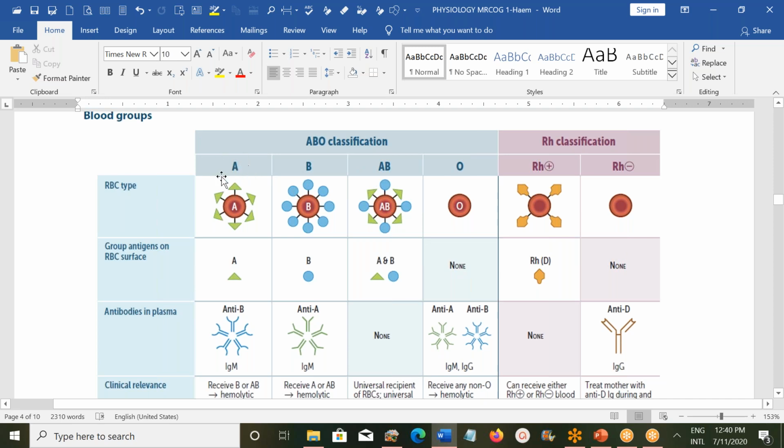So there are no antigens on O, while B is responsible for attaching D-galactose, and in group A it is N-acetylgalactosamine.